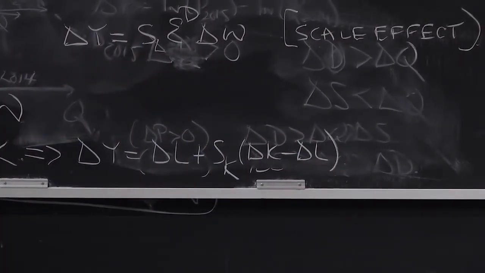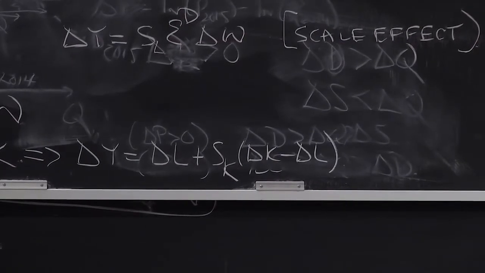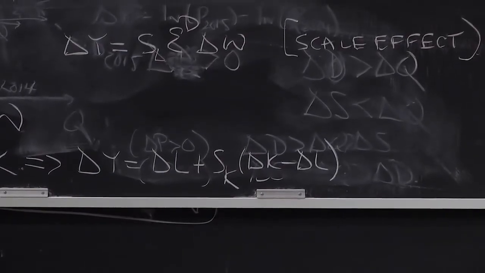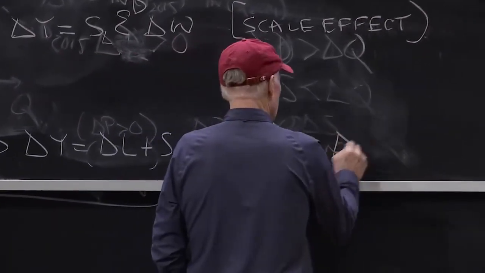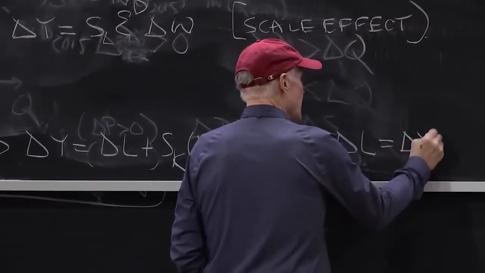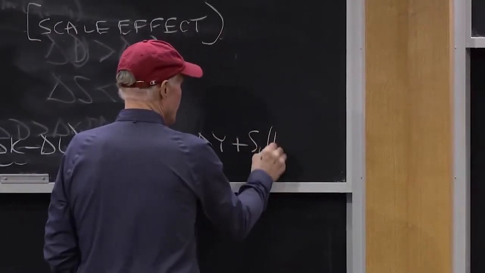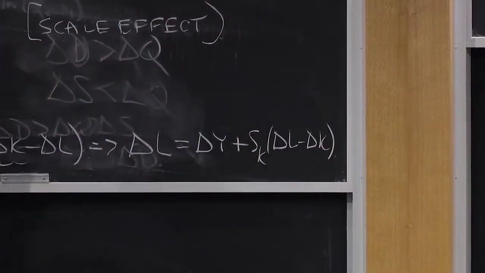Did I do that right? People understand that equation? That implies delta L equals delta Y plus SK delta L minus delta K. I think I did that right.